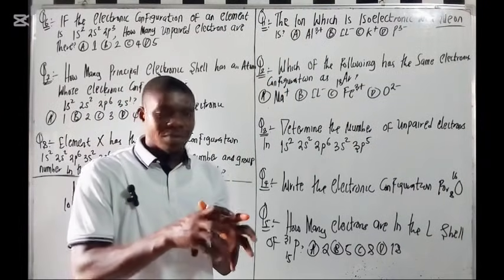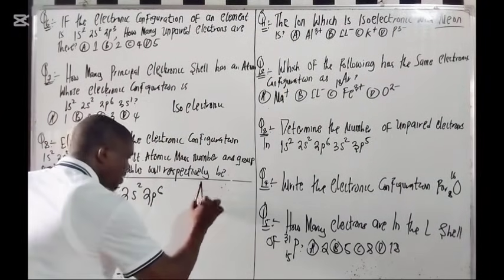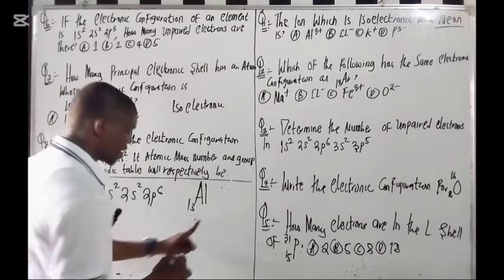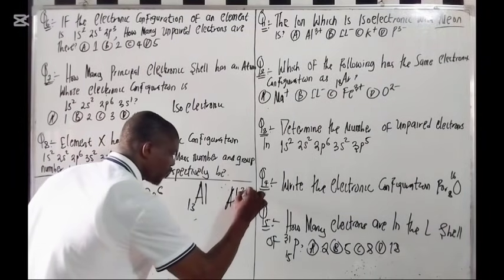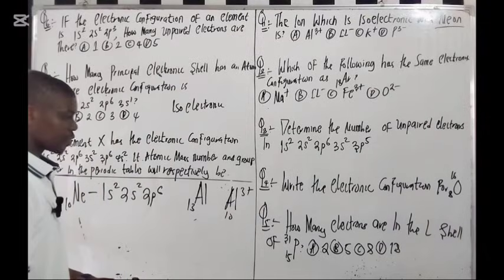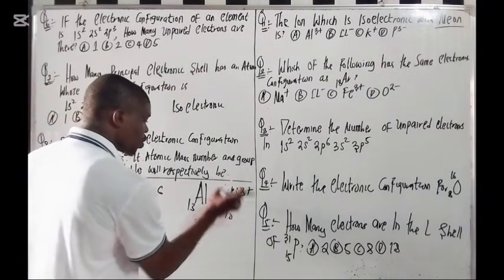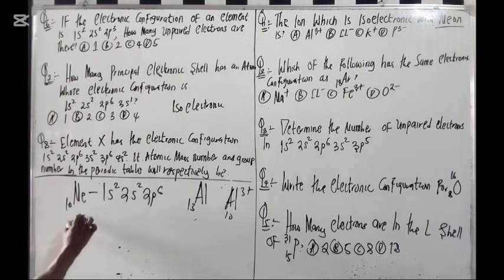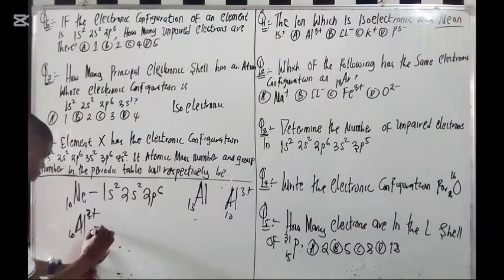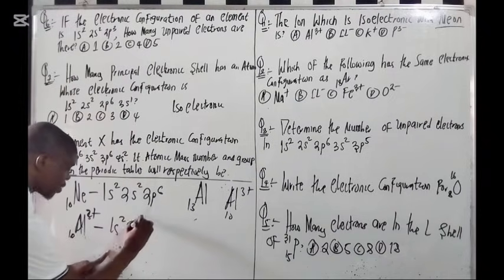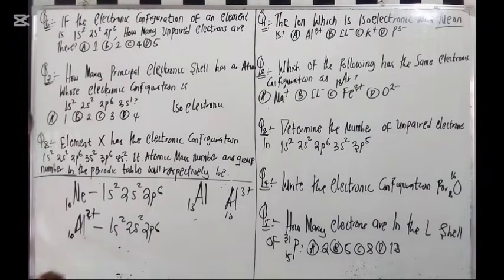The neutral atom of aluminium is 13, and when it loses 3 electrons it now becomes 10. So the electron number of Al3+ is 10, and if you want to write the electronic configuration, it's going to be 1s2, 2s2, 2p6.